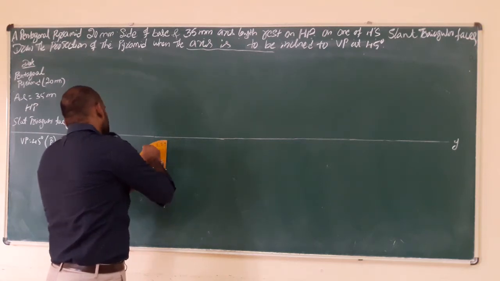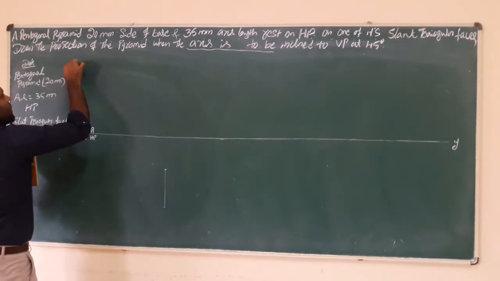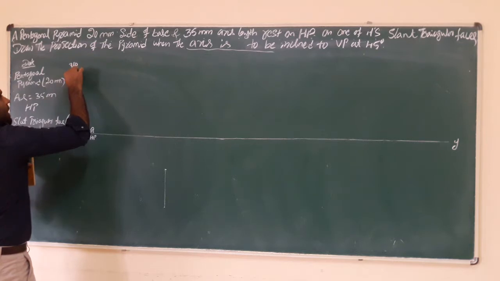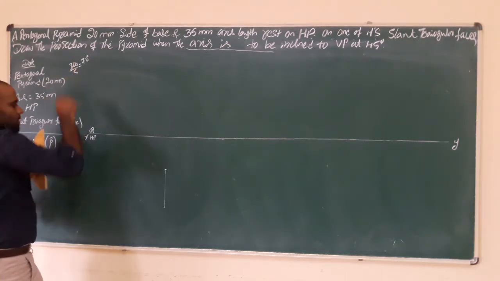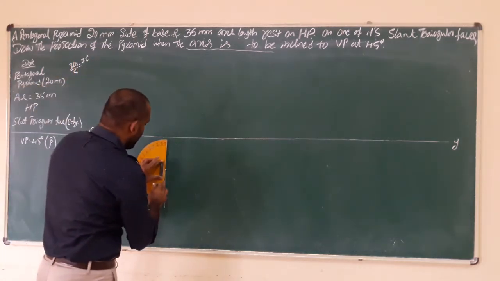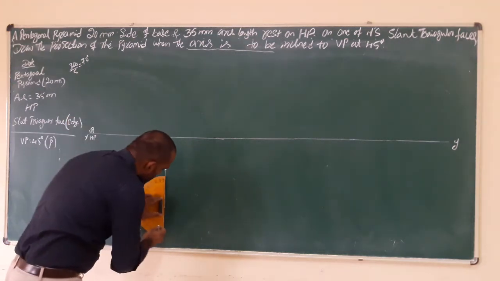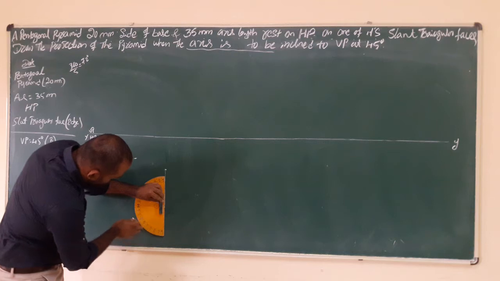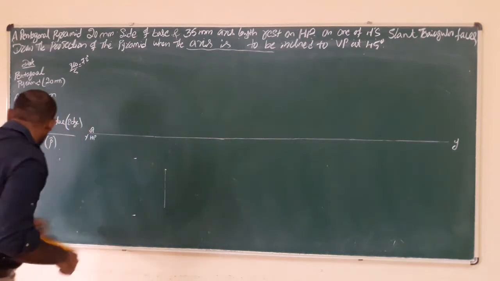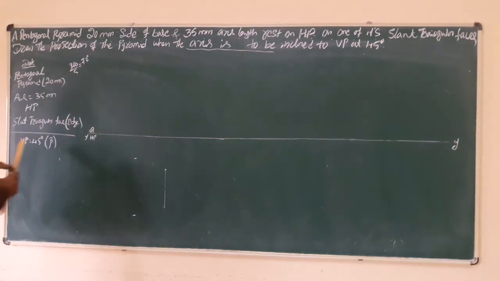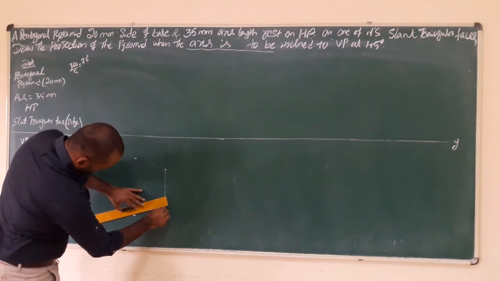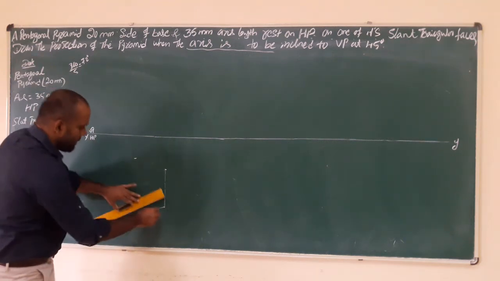Measure 72, because 360 divided by 5 sides, you will get 72 degrees. So that's why you have to measure the outside angle 72. Same thing, measure the outside angle 72, thin line.